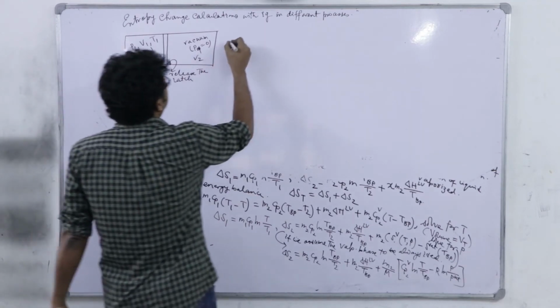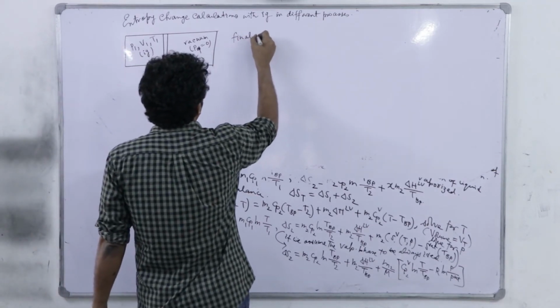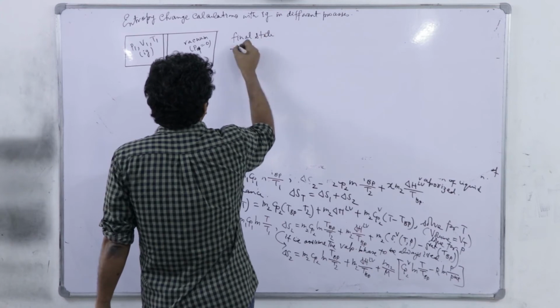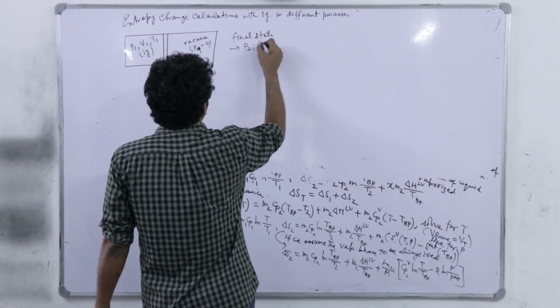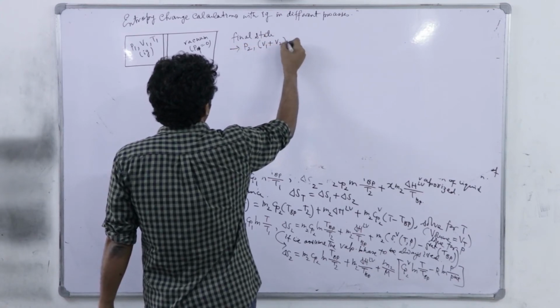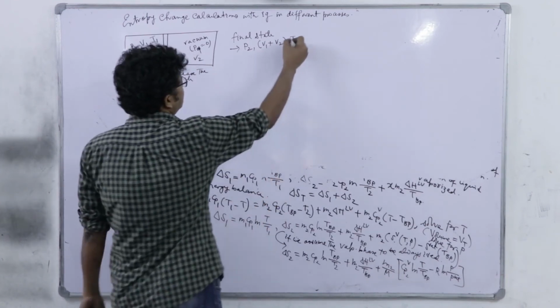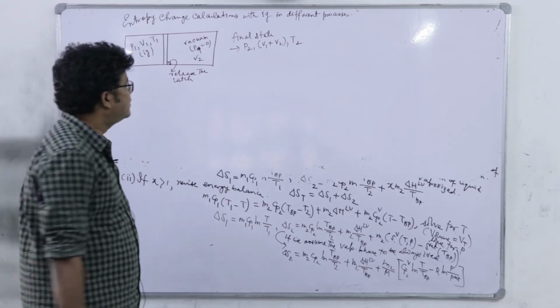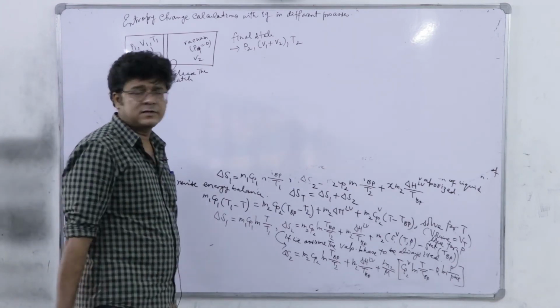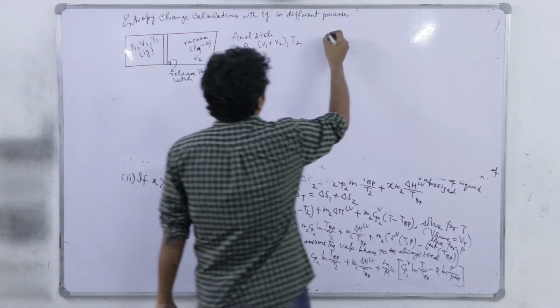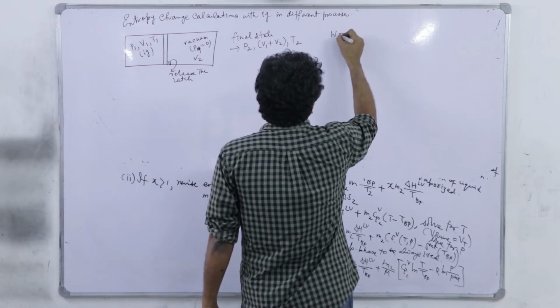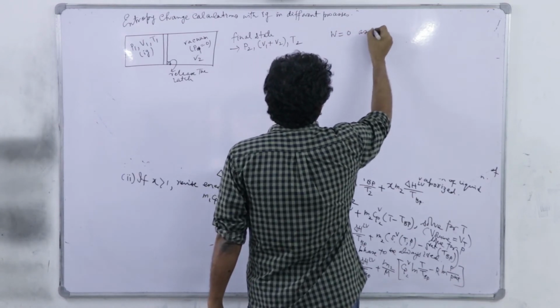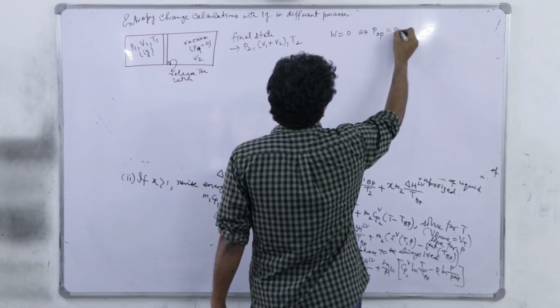Right. So, the final state, let us say it is P2, V1 plus V2 will be the final volume, temperature is T2. Right. So, you have to calculate this T2 first. So you see work in this process is 0 as the opposing pressure is equal to 0.